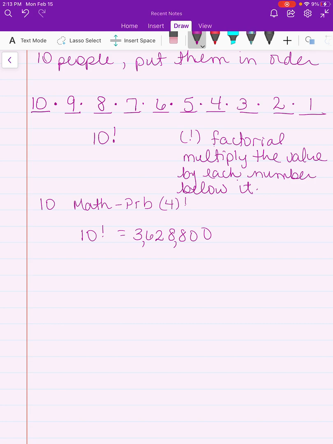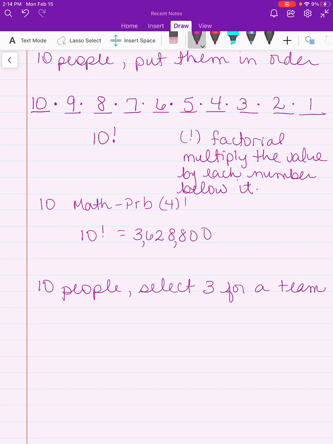But let's say I'm going to continue this example with the 10 people, but we only want to select 3 of them for a team.